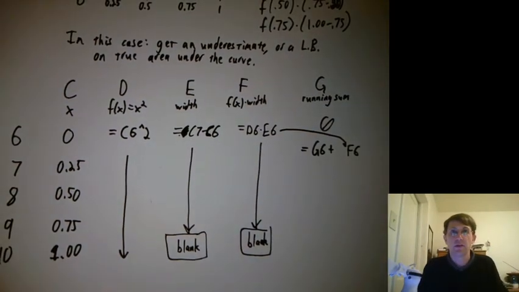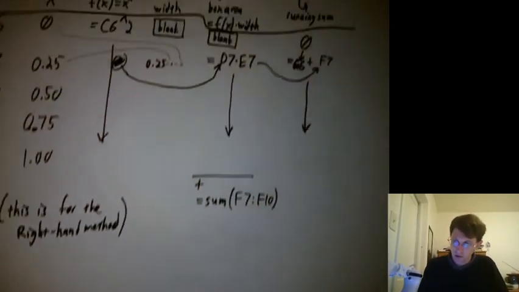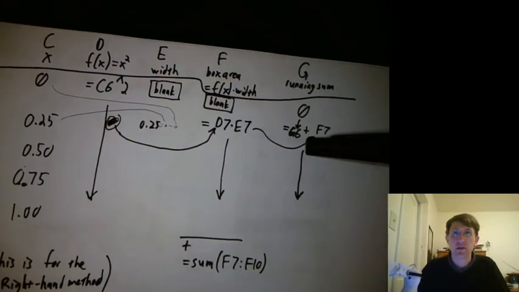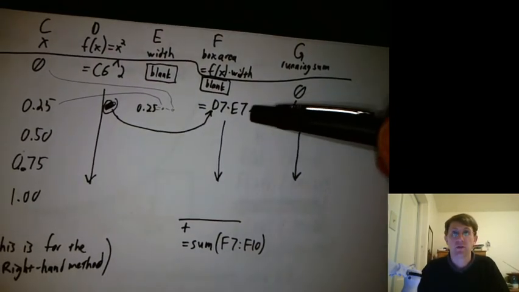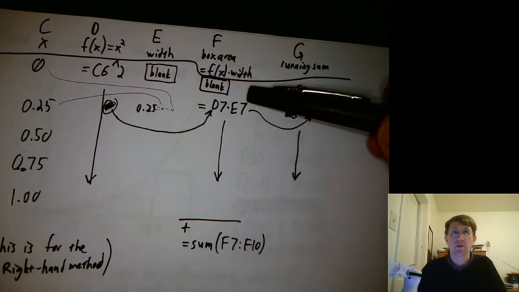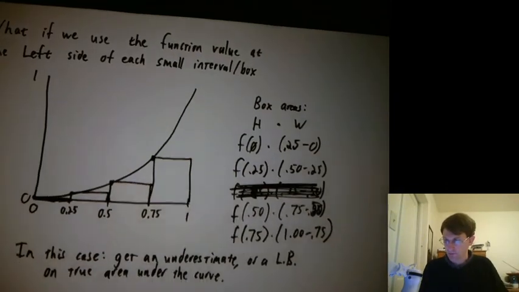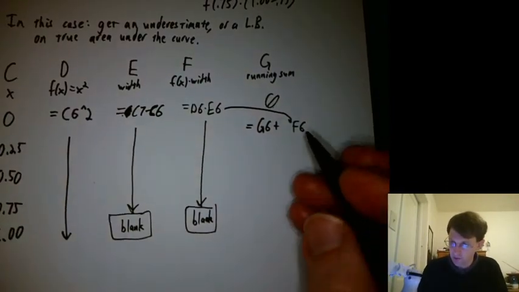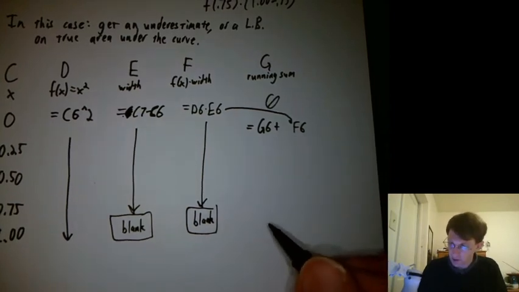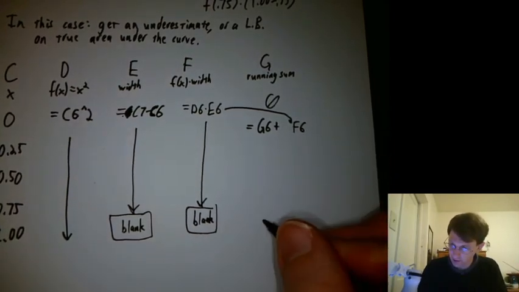So in the previous example, remember right now we're doing the left-hand side, but in the previous example we did g6 plus f7, we were one row down, but now we're doing it f6. So we would get a final answer here.